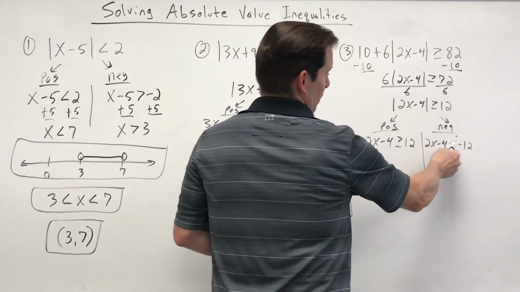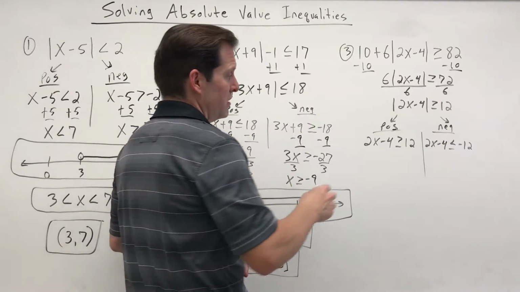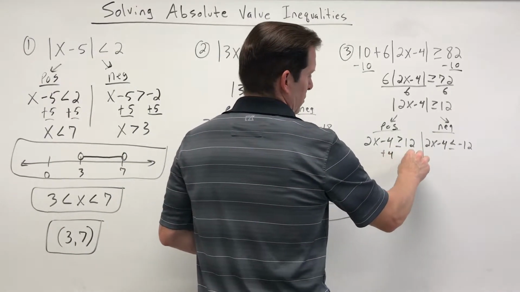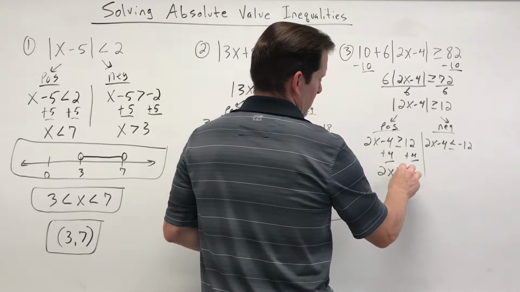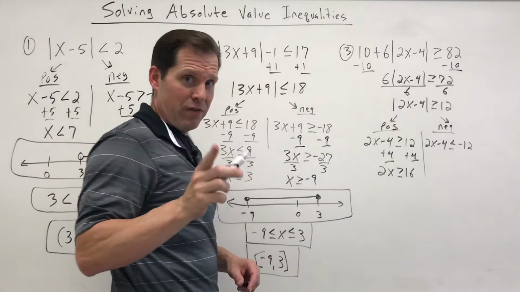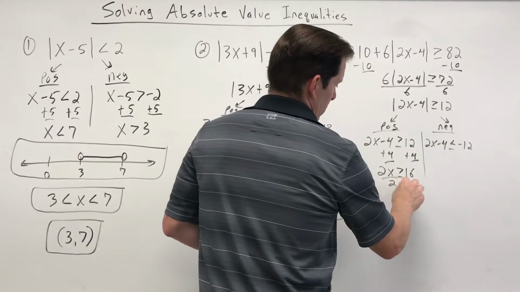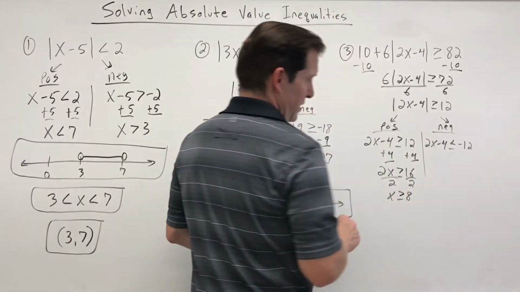Remember, you negate and then flip your inequality there. So now I go ahead and solve both sides. So I'm going to add 4. So I get 2x is greater than or equal to 16. Then I'm going to divide by 2. And I get x is greater than or equal to 8.